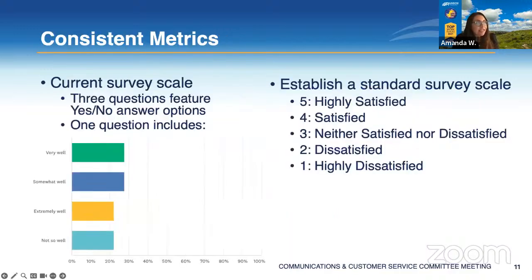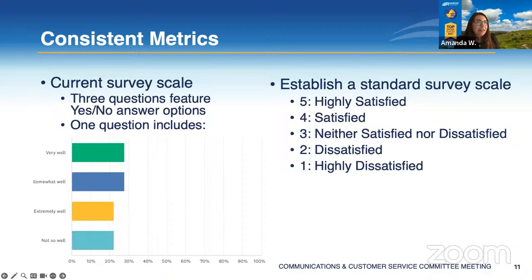Our current scale has three yes/no answer options. One question has a rating of very well, somewhat well, extremely well, not so well, which can be confusing for some users because it doesn't clearly delineate whether they got all their answers fulfilled.